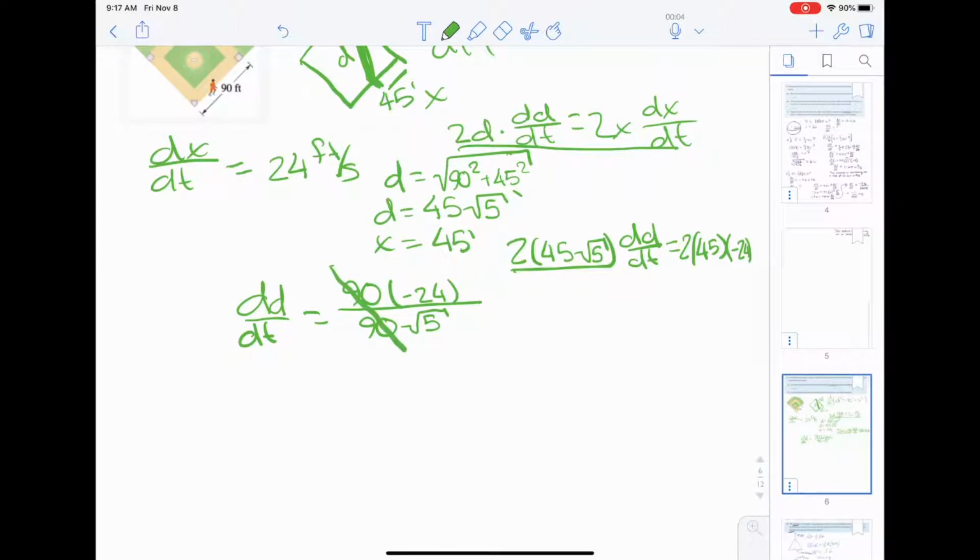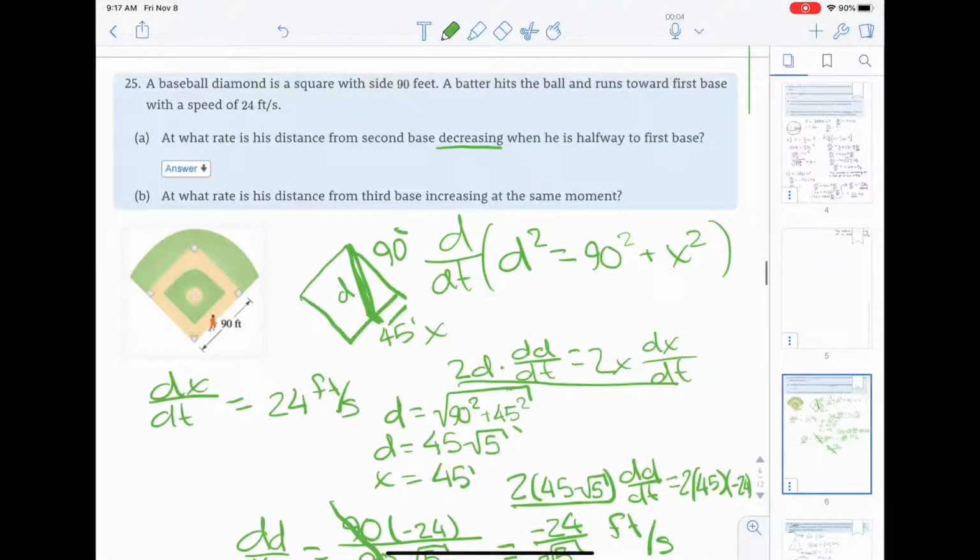And so these 90s cancel out, and we are left with the answer of negative 24 over the square root of 5. And now for units, we have feet times feet per second over feet. So we just cancel out those feet, and we're left with our final units of feet per second.